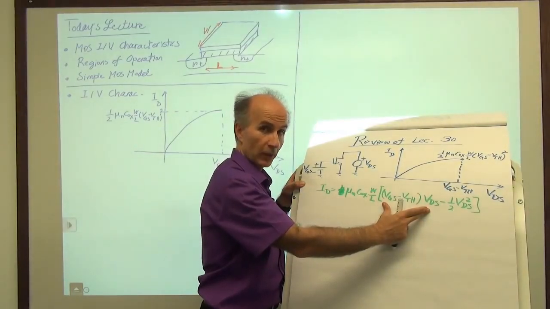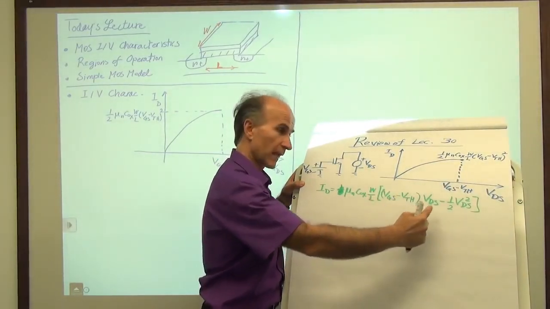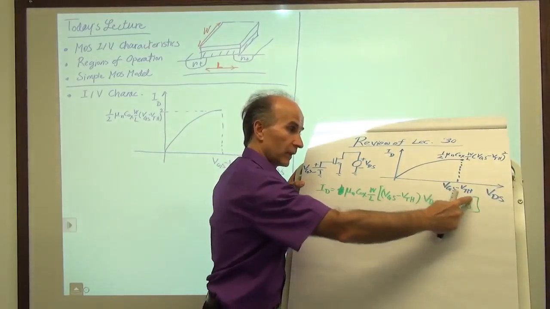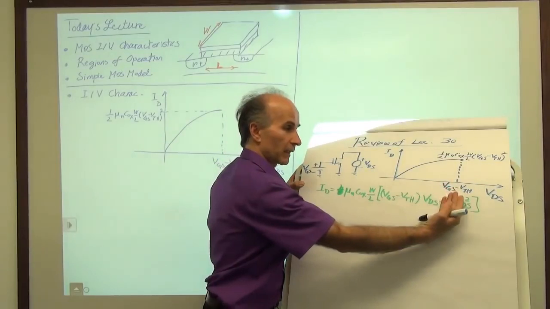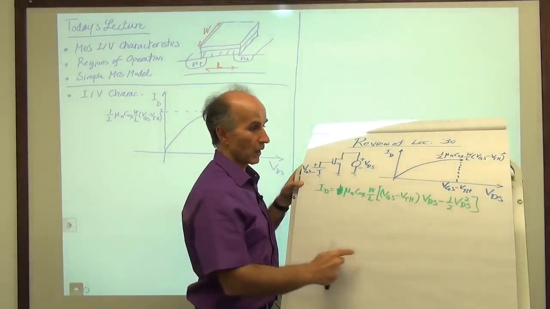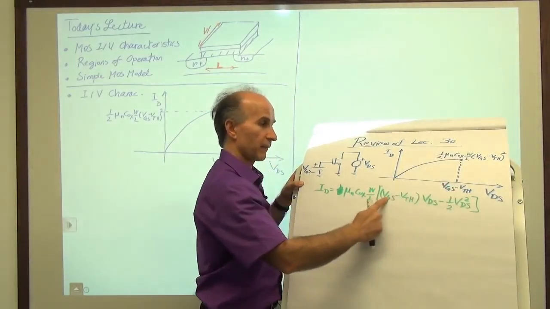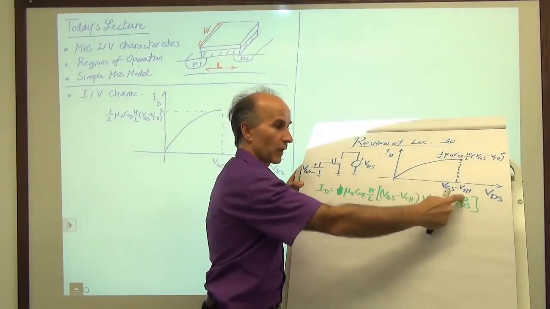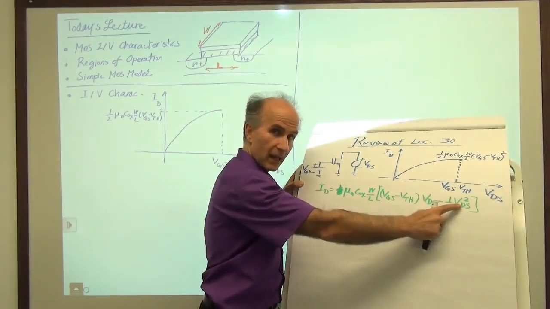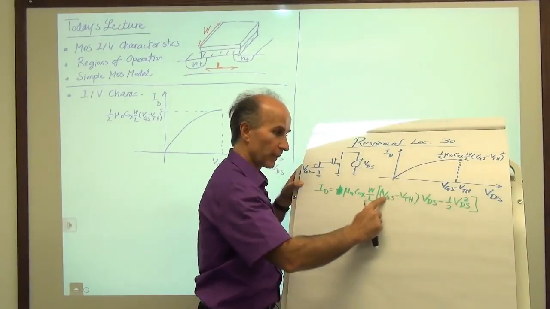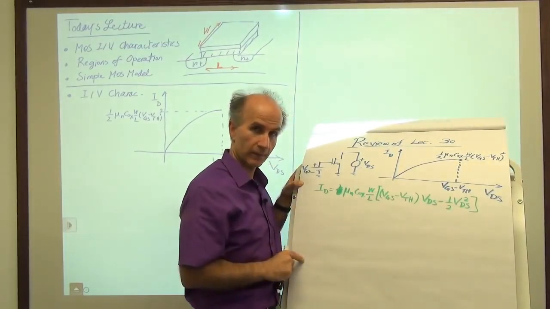So if the second term is much less than the first term, and if you cross out one VDS, it means that VDS is much less than 2 times VGS minus VTH.